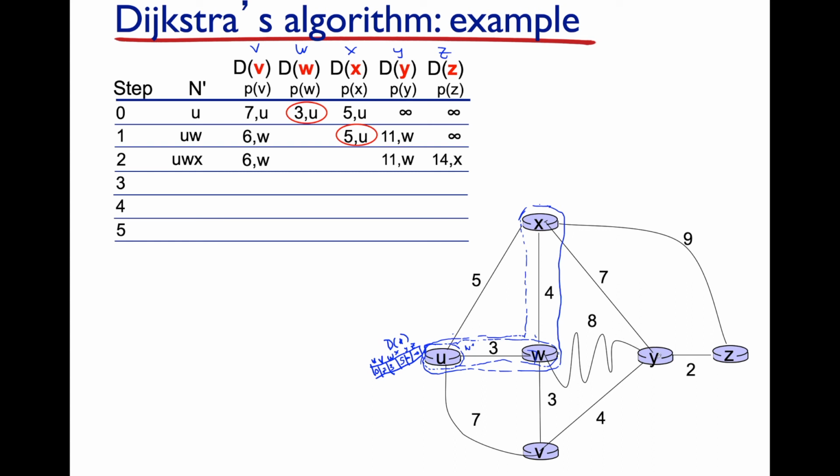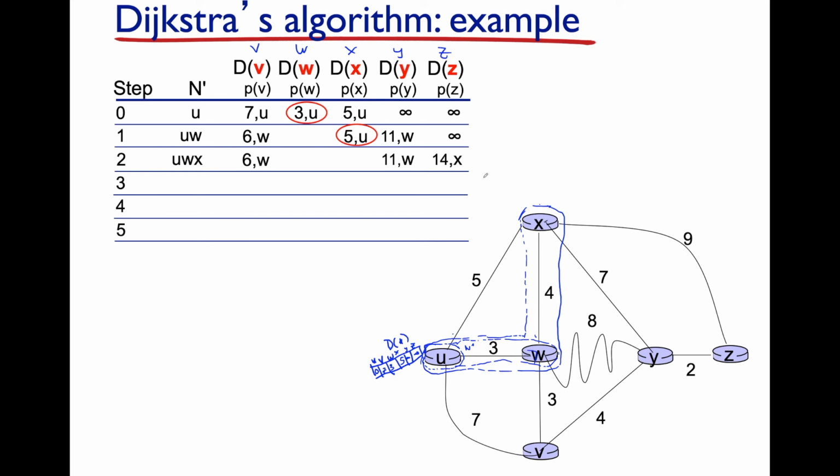The predecessor from Y back to U is going to be through W, so W is the predecessor. And lastly, Z, the cost is 14 because we went indirectly through X. So the path from Z back to the source U is going to go indirectly through predecessor X. So the predecessor entry is X.